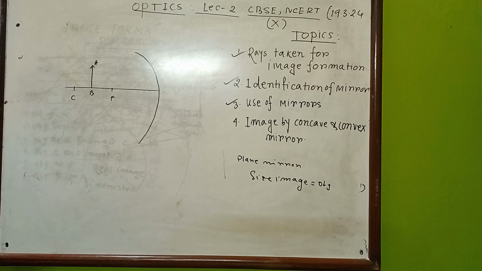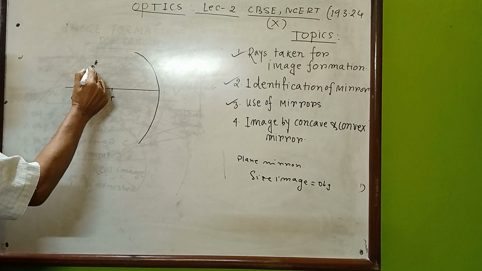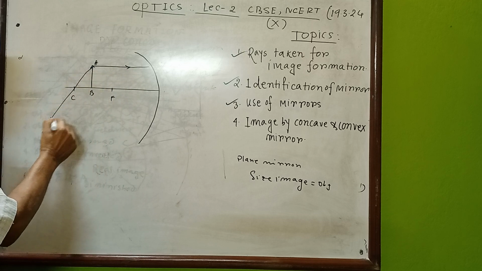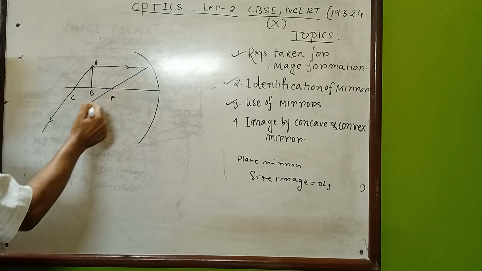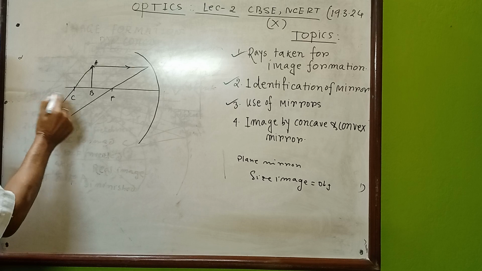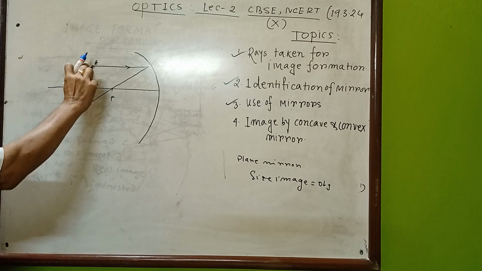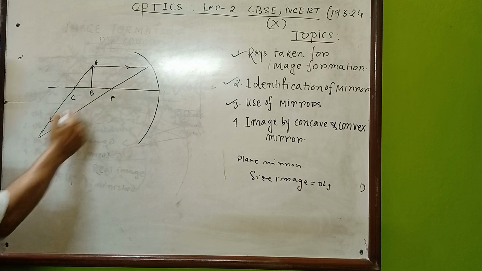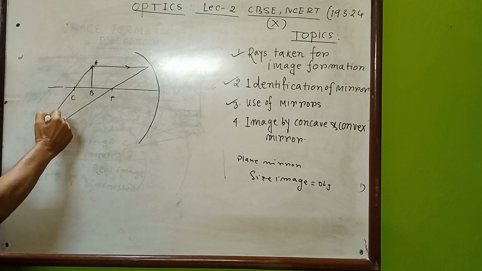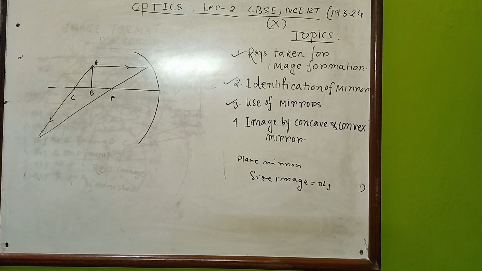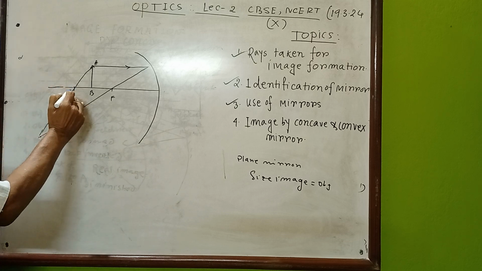First, you consider the parallel ray. Another is passing through the center of curvature. One is parallel; after reflection, another passing through the center of curvature traces back. This is F and that is C.